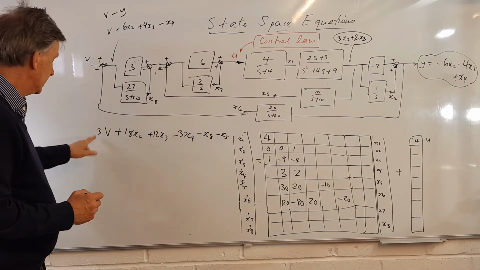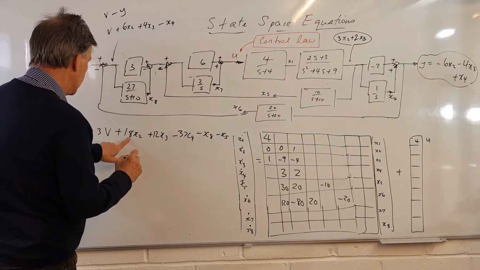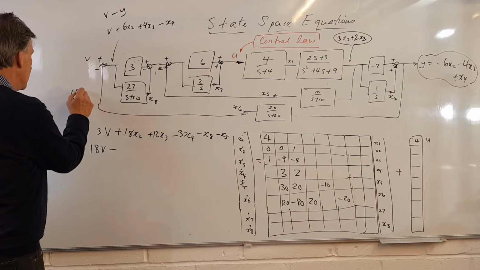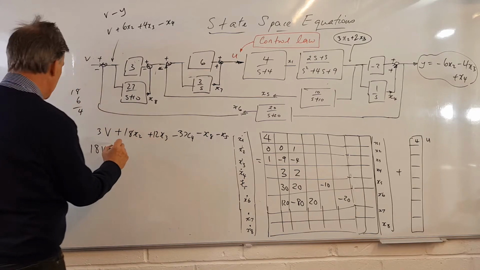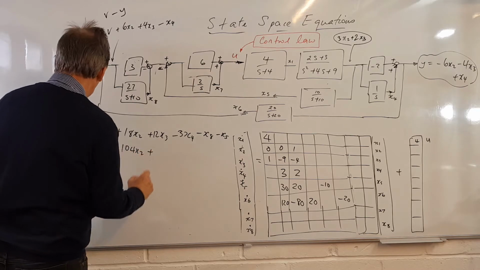That's going to be quite easy. 6 times that will be 6 3s are 18v, 6 18s, 6 8s are 48, 108 plus 108 x2.